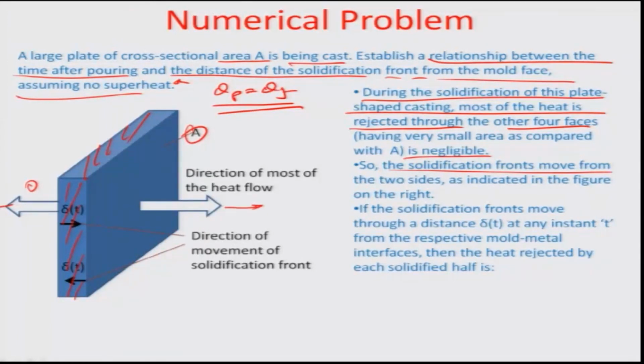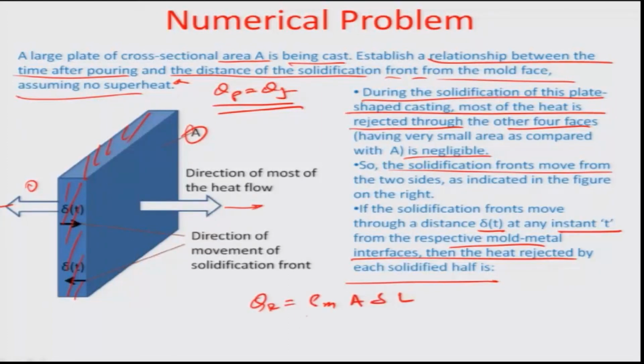And if the solidification front moves through a distance, let us say delta, at some instant of time t from the respective mold metal interface, then the heat rejected by each solidified half will be estimated as QR equals rho m times A times delta as a function of t times L. Obviously the L dash is L here because theta p and theta f are the same.